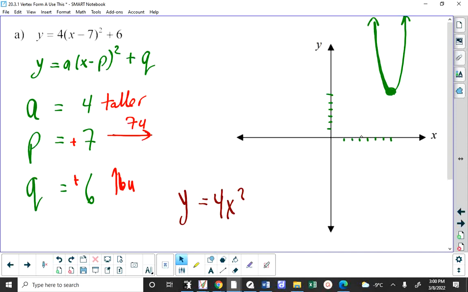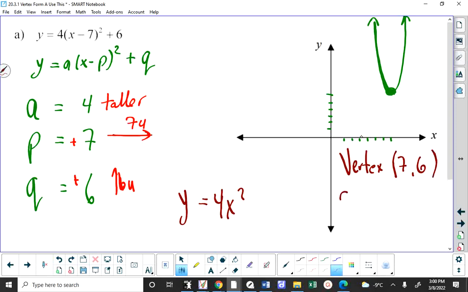The vertex will always be at (p, q). And we'll see that it doesn't matter if these numbers are negative. So the vertex is at (7, 6). Where's the axis of symmetry?